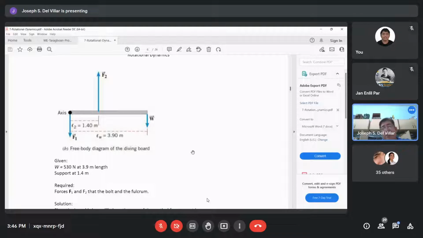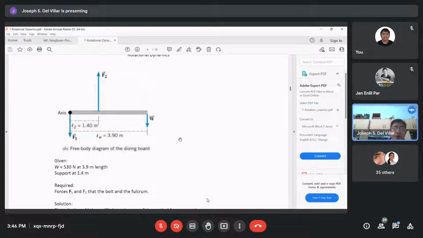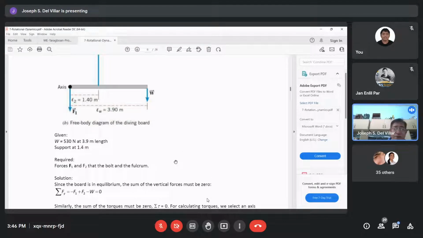Now, this is an equation with two unknowns. Di ba? So meron tayong isang equation at dalawang unknown, F1 and F2. Now, this is equation number 2. And if we make summation of vertical forces as equation number 1, ito, yung negative F1 plus F2 minus W is equal to 0, or you can translate this as negative F1 plus F2 minus 530 is equal to 0.